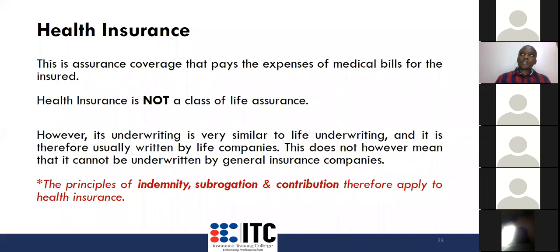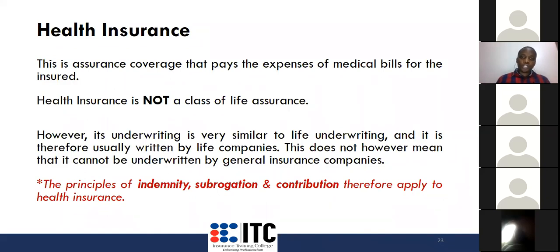So when someone falls sick, for example, they incur medical bills, and these medical bills lead to a financial loss to them. Now, the aim of health insurance is to restore you to the financial position you were in before you fell sick. For example, I have challenges with my eyesight, so I need spectacles.